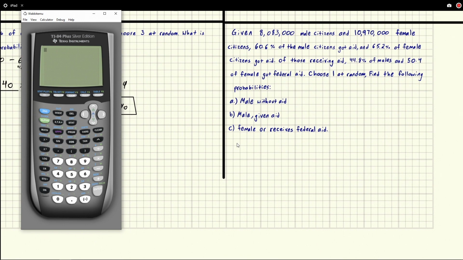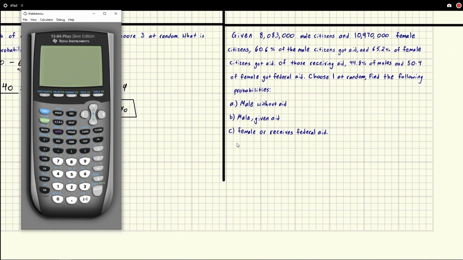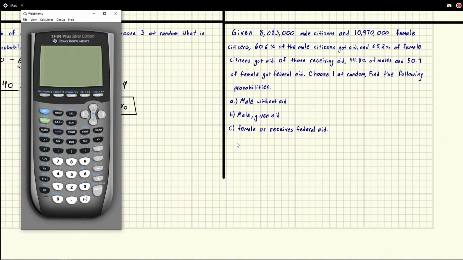Okay, so here we're looking for a male without aid. There's a couple ways we could go about looking at this problem. I think the first way is to create a chart. We'd start at a point and branch off.